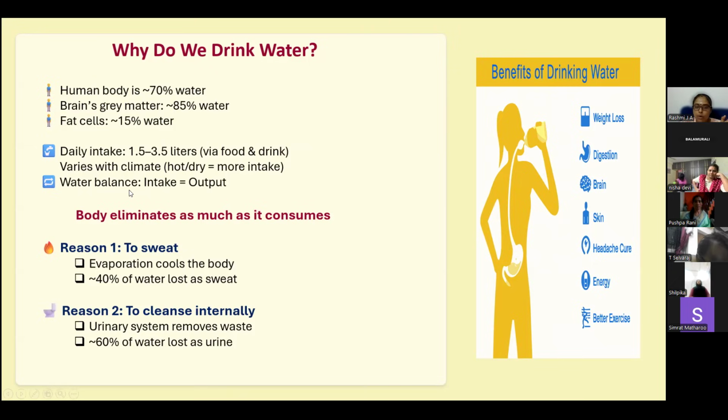Then water balance: intake is equal to output. The body eliminates as much as it consumes. So you have to drink water to compensate for the loss by sweat and also for proper functioning of the urinary system. Okay, I think now the time is up.